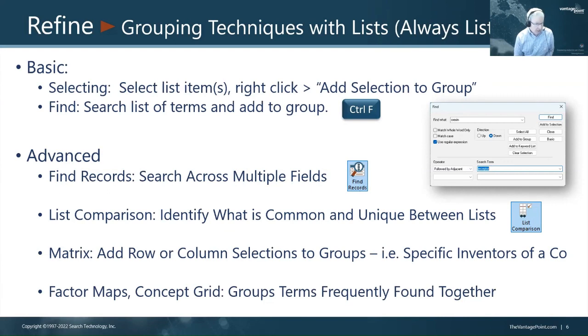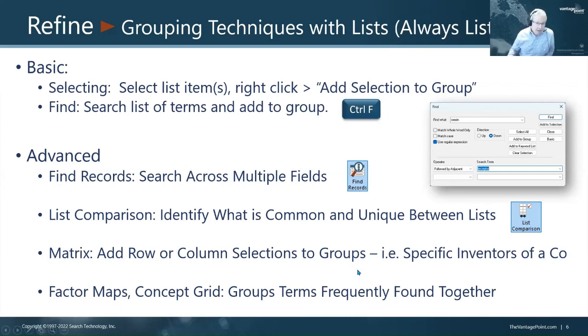These are basically clusters of terms that are grouped, and the list that you did your factor map or concept grid on will result in a list that is grouped based on that clustering. And you can take those groups into further analysis, like clustering documents, or the cluster mapping capability.